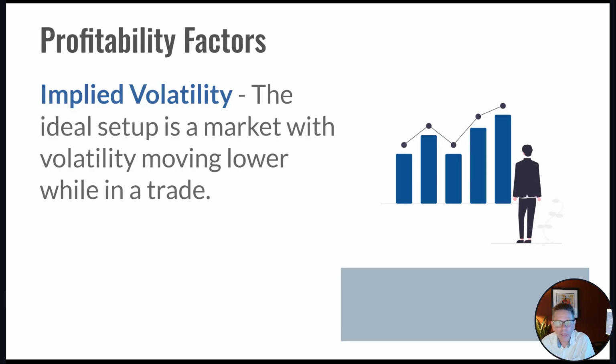So when I place a 0 DTE trade, I place it right at the beginning of the market to capture that implied volatility. Then it's furthest from the market, because we're putting on a call spread and a put spread.